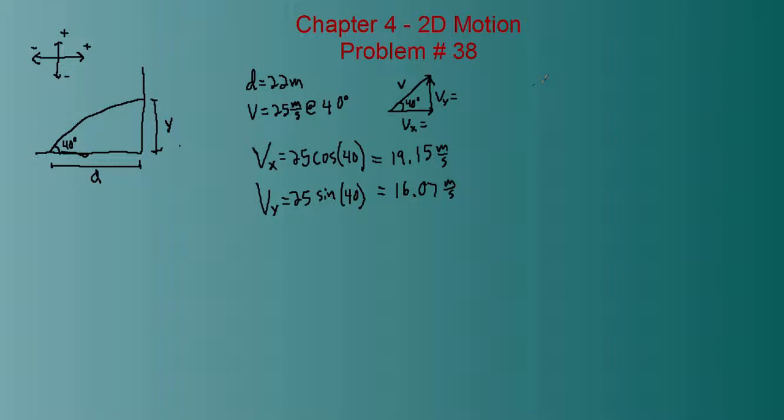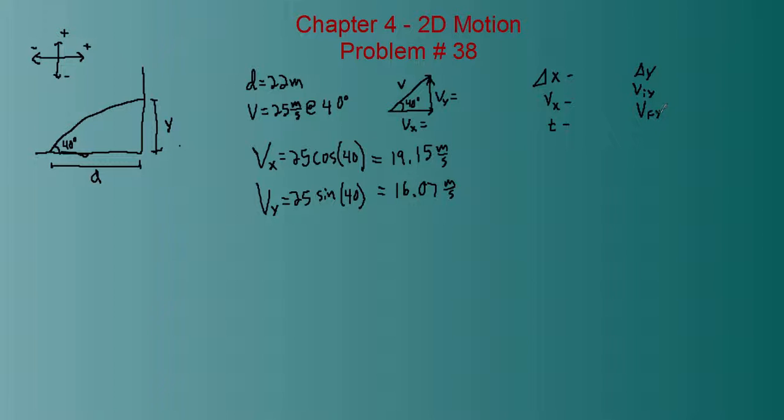Now let's set up our handy old given column: delta x, vx, t. We only need these three in the x direction for us lazy folk. Is it lazy, or is it efficient, or is it awesome?